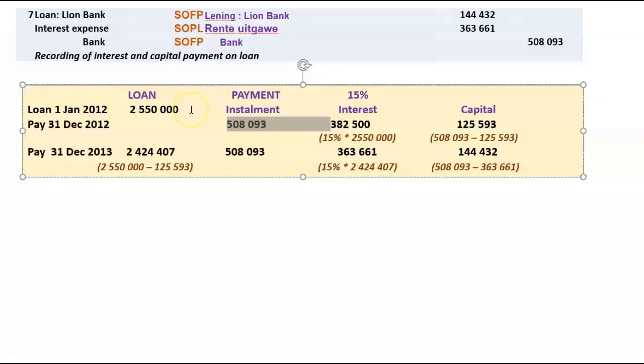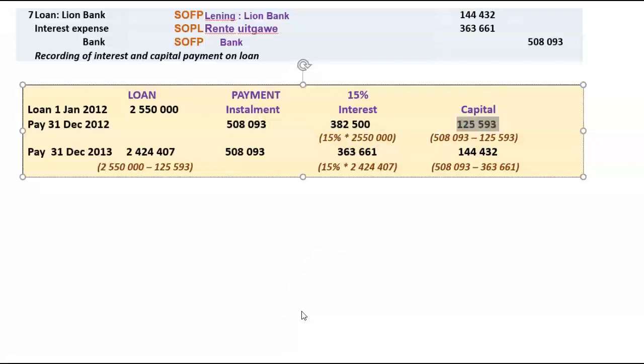So 12 divided by 12, the full amount, and that would have given us 382,500. If we have paid a total of 508,093 and the interest portion was 382,500, it means that the difference between the two was the capital that was repaid in the previous year.